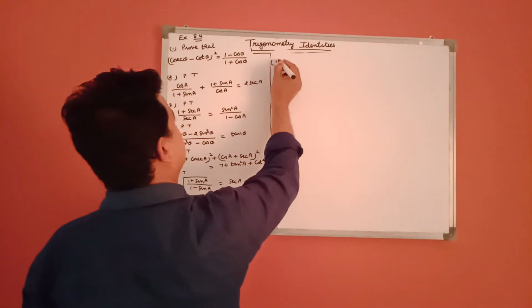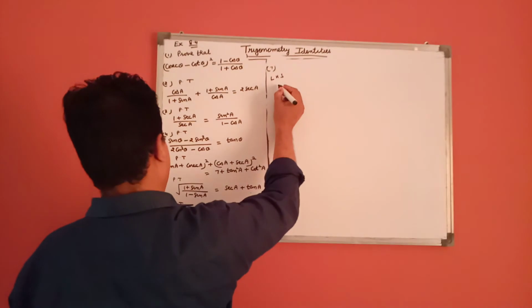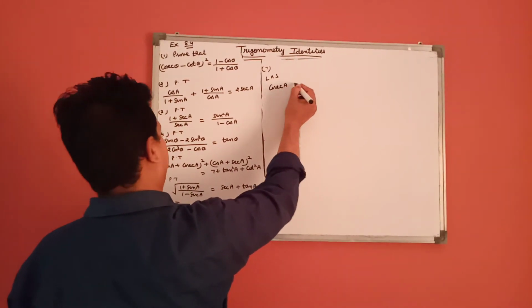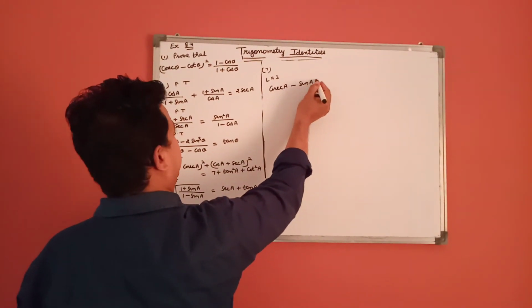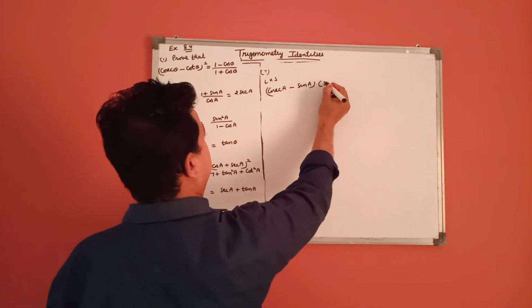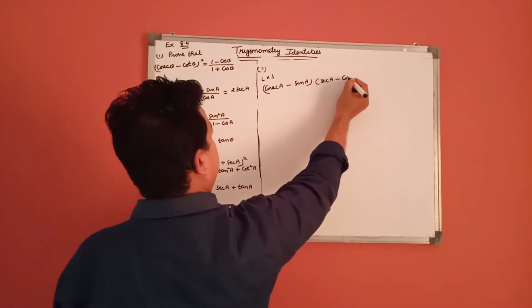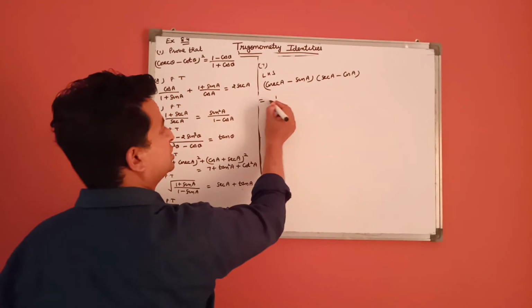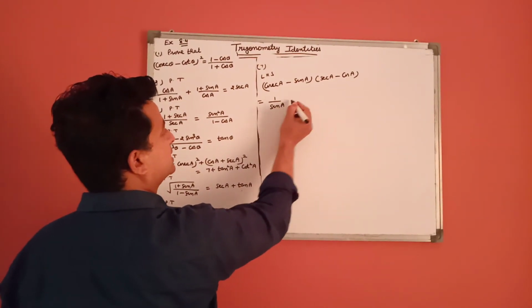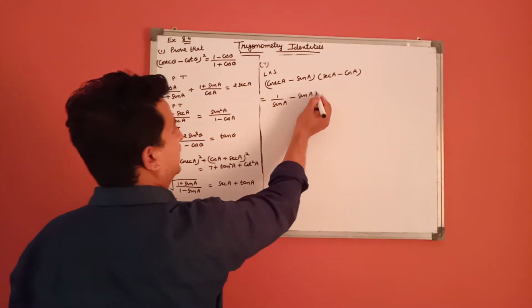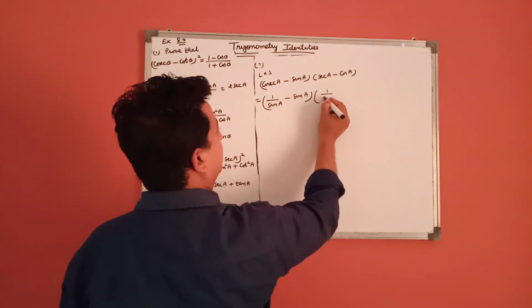In question number 7, the left hand side is (cosecant A minus sin A) into (secant A minus cos A). In this we change cosecant as 1 by sin and secant as 1 by cos.